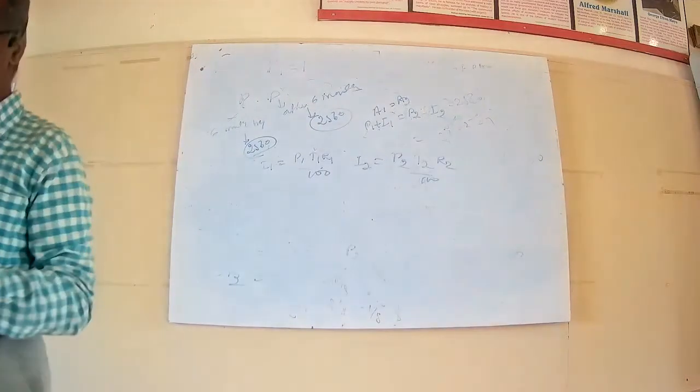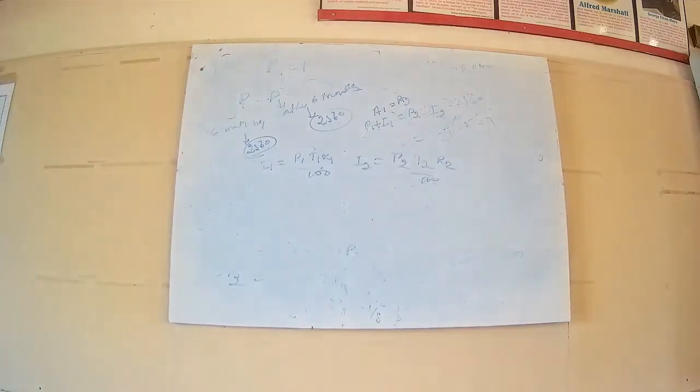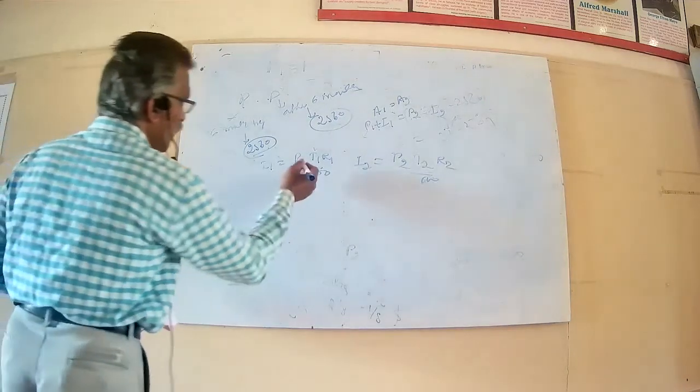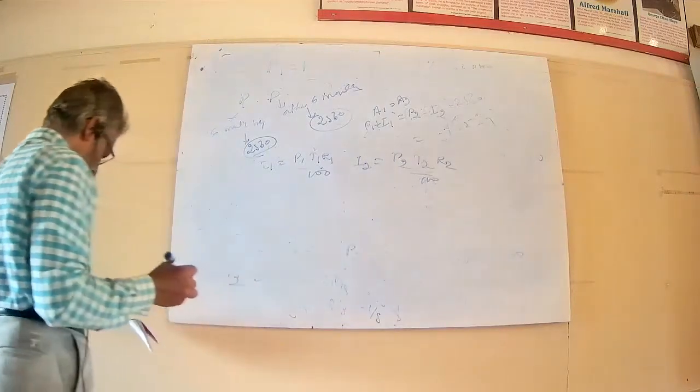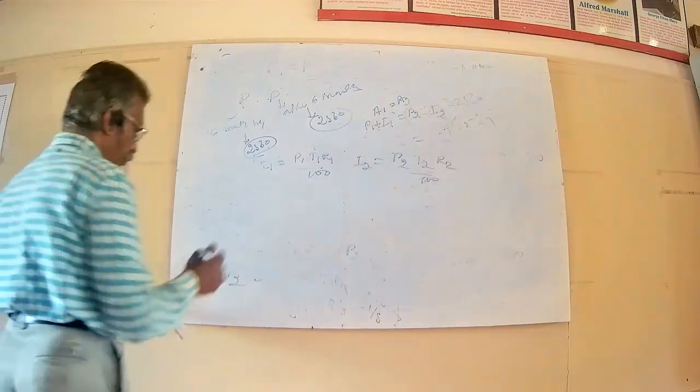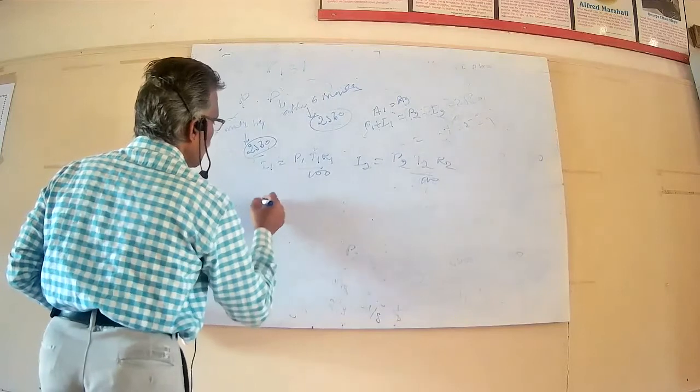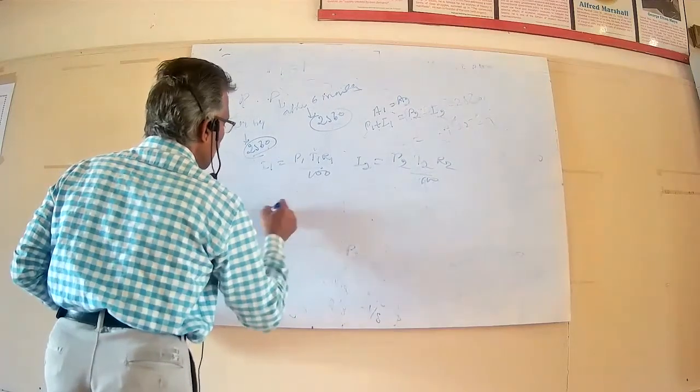Now what you have to do is find I1 equal to I2 and find I1. I1 equal to P1 T1 R1 divided by 100, so I can write this as P into T into 8 divided by 100.